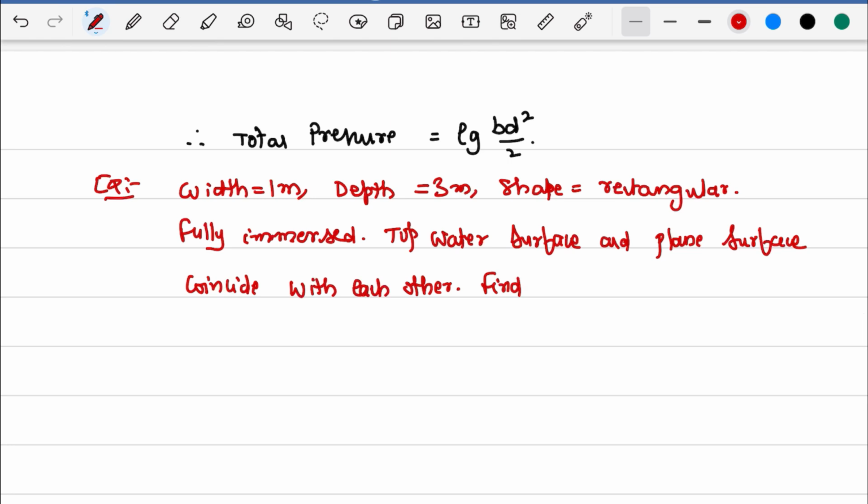Find the total force acting on the plane surface.